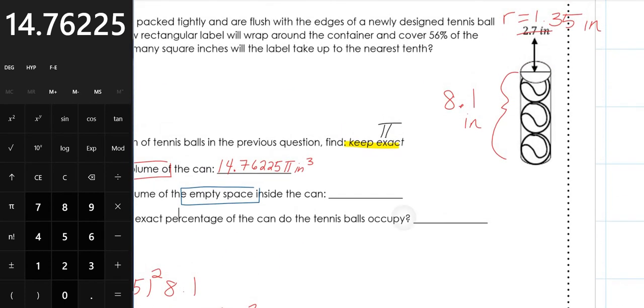Well, I have the total volume of the can, and if I find the volume of each of the tennis balls and I subtract, I'll be able to figure out the volume of this little piece, and this little piece, and this little piece, and this little piece, and whatever part is not taken up by those tennis balls. So I need to remove the tennis ball's volume from the total volume of the can to see what is left for just air, for empty space. Okay, so that's our game plan.